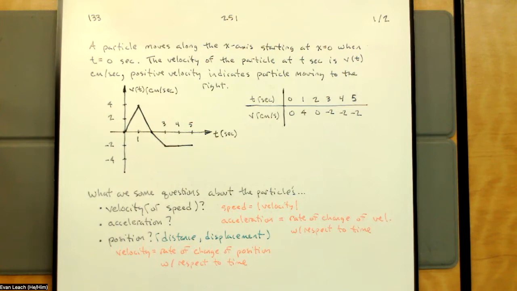The velocity is increasing with constant acceleration because we're looking at a line. That means we're moving with constant acceleration. Great. So for the first second, the particle's velocity increases from 0 centimeters per second to 4 centimeters per second under constant acceleration.